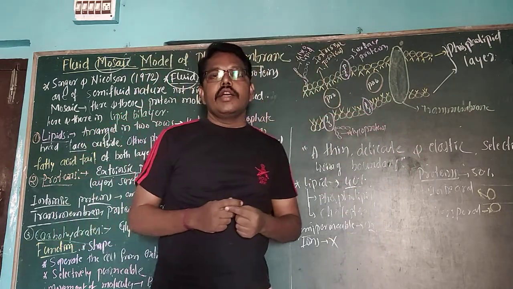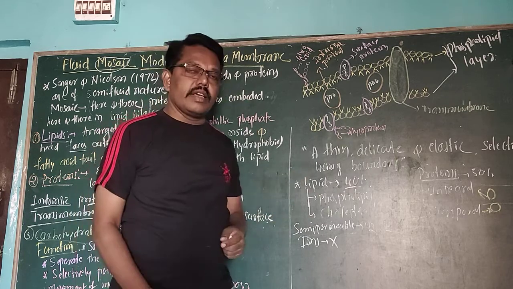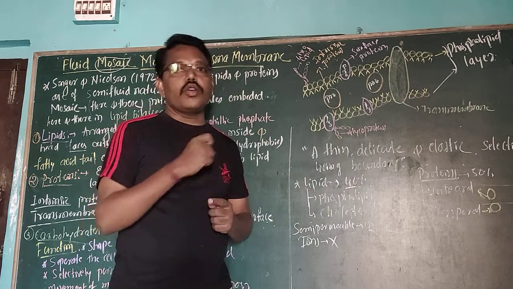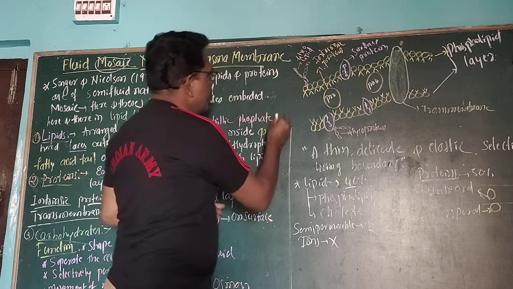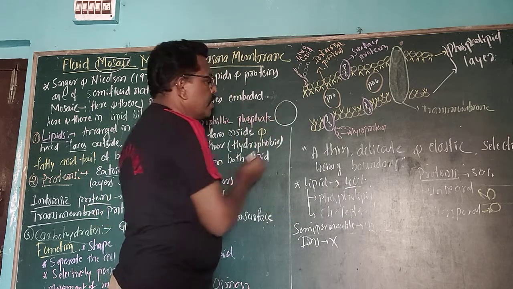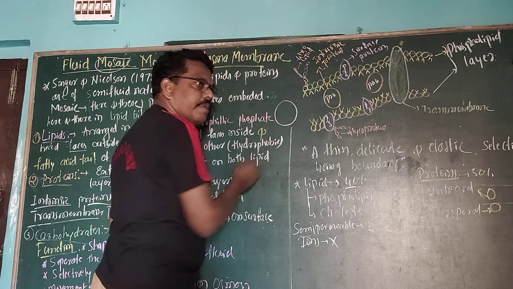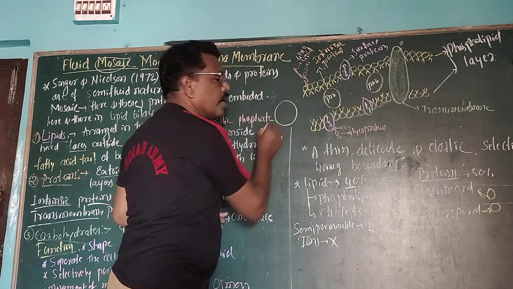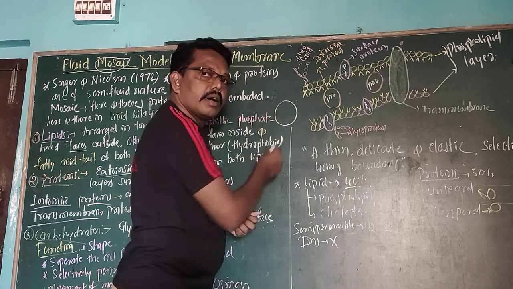The plasma membrane consists of three components. First, we want to know what we mean by the plasma membrane. This is a cell. In the animal cell, you will see the plasma membrane, or cell membrane.